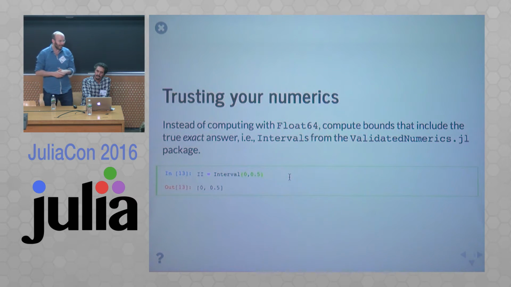There are lots of interval arithmetic packages, but they're all in C++ and difficult to use. There's a recent one in Octave by Oliver Heinrich, which has provided some inspiration for our package.